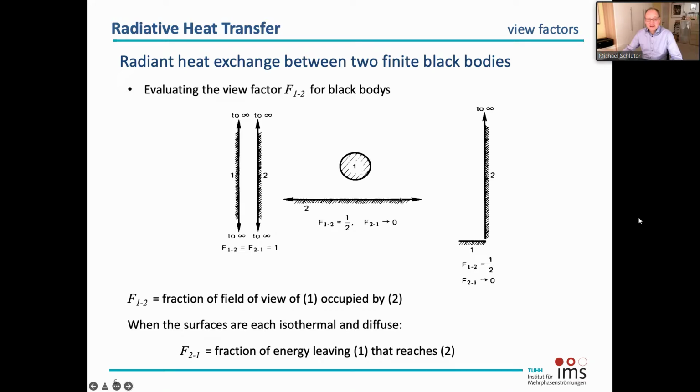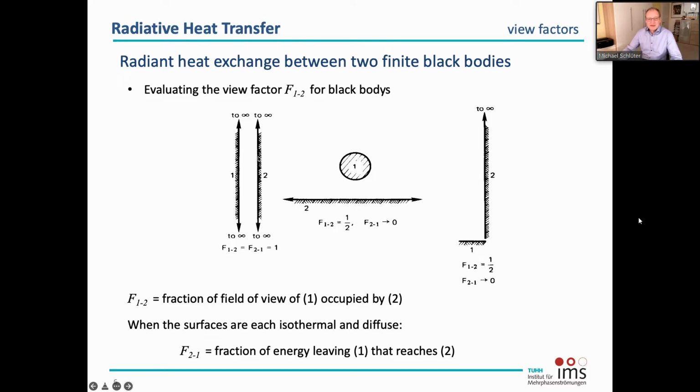So this is nearly nothing compared to all the other directions. In other words, this goes to 0 here. Yeah, here the view factor is 0. This means that if we have a very huge surface here and a little bit of radiation from this sphere, then nearly nothing will arrive at the surface compared to the large surface.